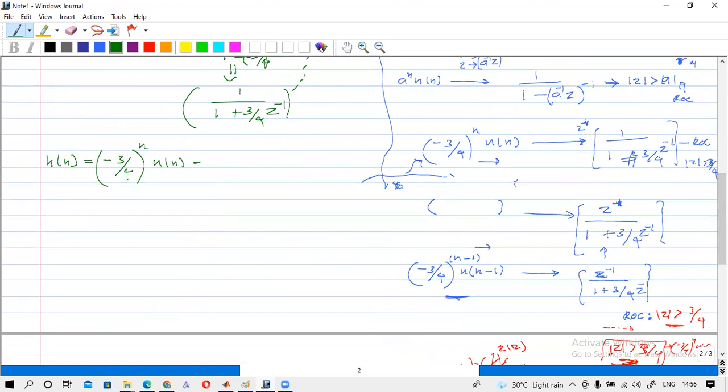So here you have minus, and you have minus 3 by 4 to the power n minus 1 u[n minus 1]. So this will be your h. Are you okay with this?